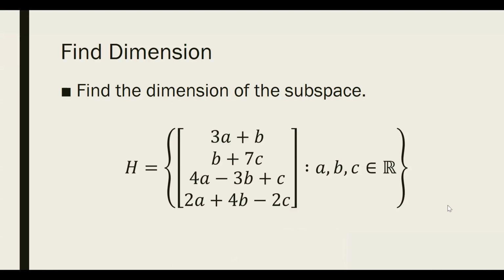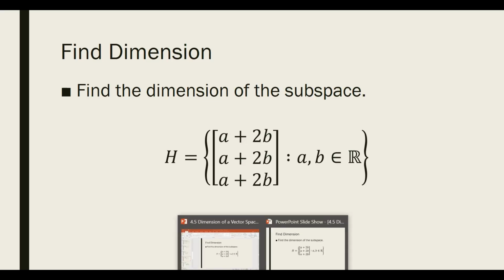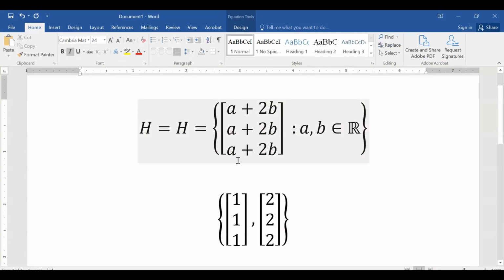Now I want you to do one more and think through this one. All right, so we do this one. Basically, if you did it the same way, what you'll start with is 2 vectors.